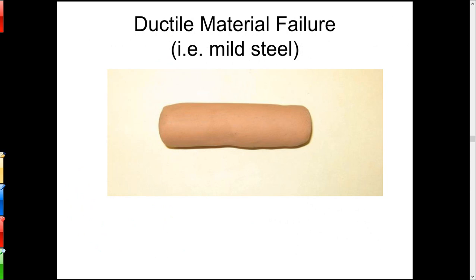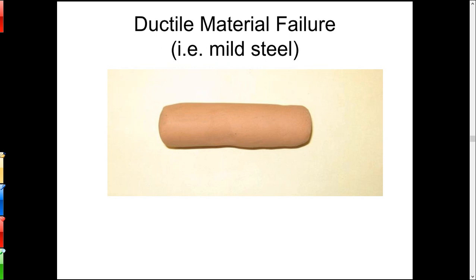So let's have a look here at some failures for different types of materials. So what I've got here are some materials that I can feel with my hands, so that'll act like materials you might run into on the job when you start working there. So a mild steel is a ductile material.